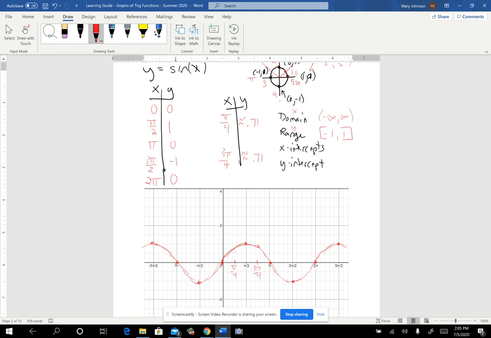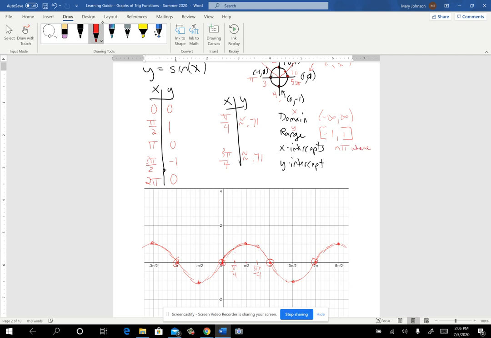All right, when you look at the x-intercepts, see how we have an x-intercept at 0, at pi, at 2 pi, at -pi. Okay, the x-intercepts happen at multiples of pi. So the x-intercepts happen wherever you have n pi, where n is an integer.